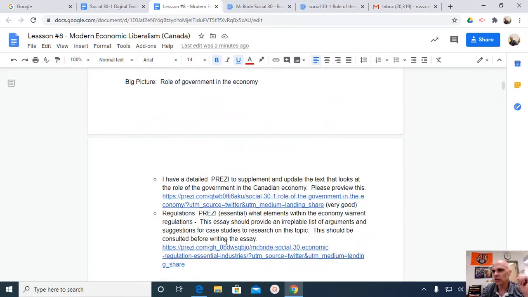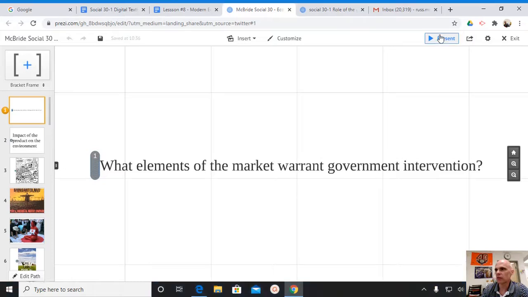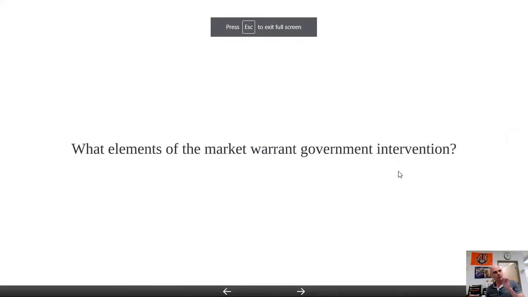So I'm going to go to these 2 prezzies, and they are going to be the majority of what we talk about. Here we are with one of the 2 prezzies. What elements of the market warrant government intervention? This prezzy can really help you with your essays.